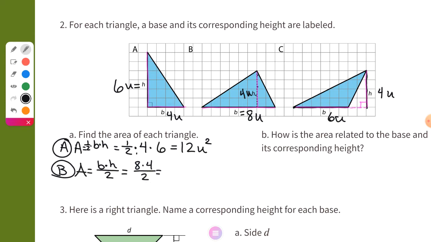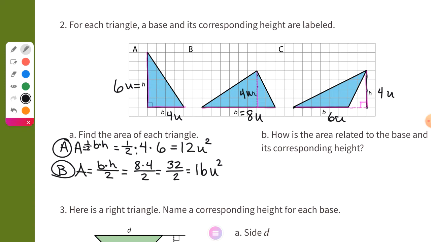What is 8 times 4? 32. Anybody know what 32 divided by 2 is? 16. What's my label? Square units. Good job. Are the formulas very similar? Yeah. It doesn't matter which one you use. Whichever one you're more comfortable with is the one I suggest using.